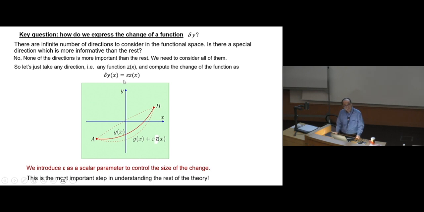We express delta y as the size of the change times how we are going to change, which can be any direction. So I use an arbitrary function z of x to represent any direction. z of x can be any arbitrary continuous function. Any questions up to this point?